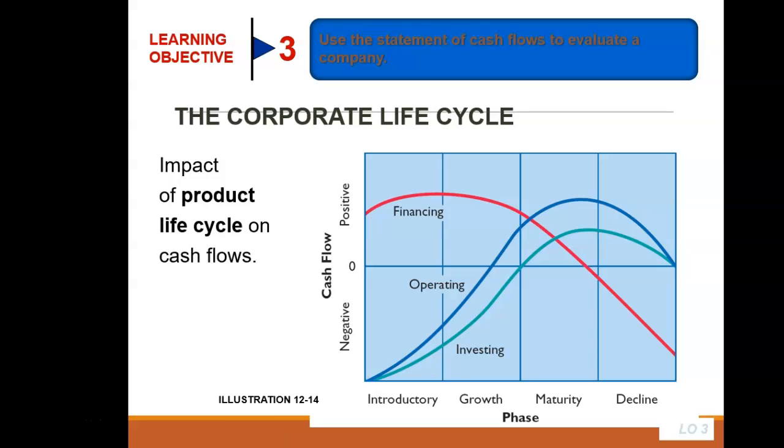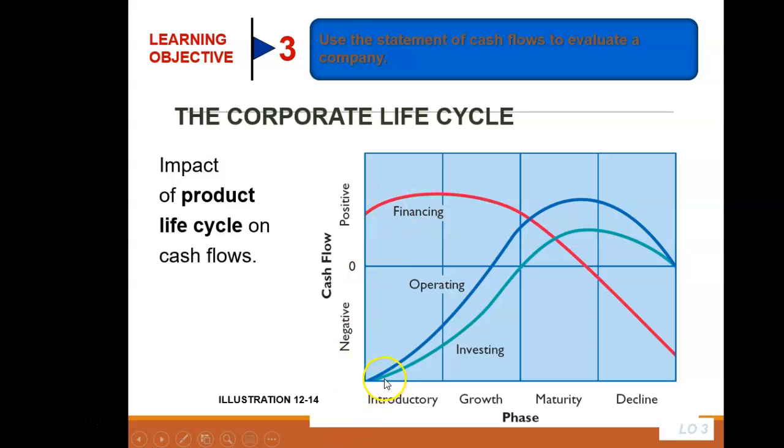Okay, now the statement of cash flow is used to determine where a company is at, an evaluation. So think about a product life cycle that goes from the introductory stage over to the decline stage. And we're looking at the cash flows as being operating activity, investing, or financing. When you're first getting started, in the introductory stage, there's more cash being spent for financing to develop the actual product.